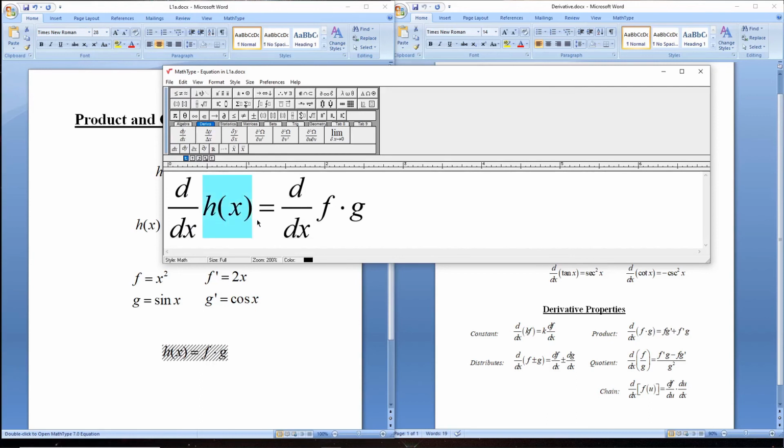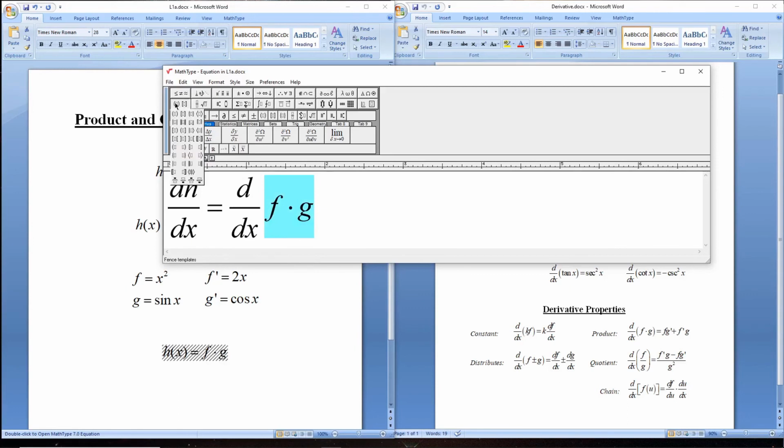Now on the left side here, the derivative of h can just slot right into the operator notation. Usually the function notation is dropped, just to say dh over dx there. And on the right side, this is where we have to deal with now, how do we take the derivative of two functions being multiplied? And that's where the product rule comes in.